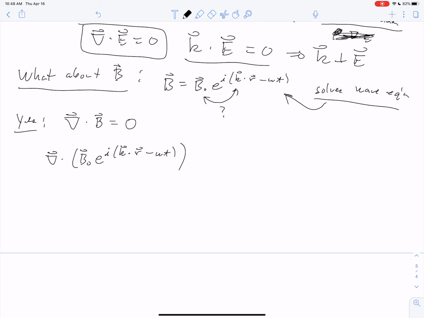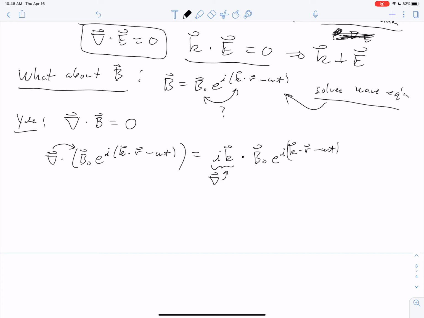Now when I do del dot on this complex exponential, something really beautiful happens. It just pulls out the ik. I can replace the del with the ik, and I get ik dot B naught e to the i k dot r minus omega t.